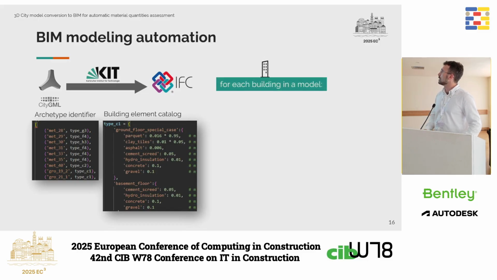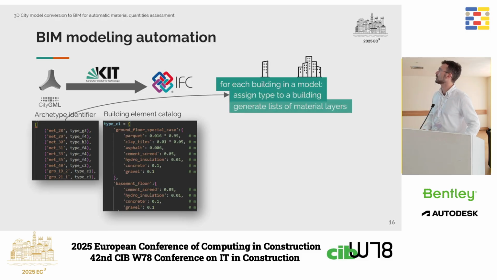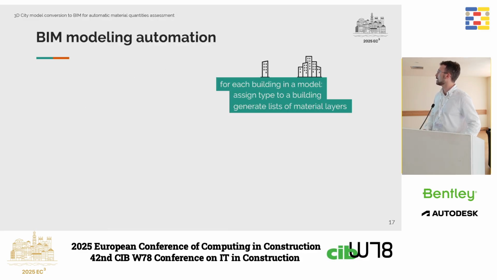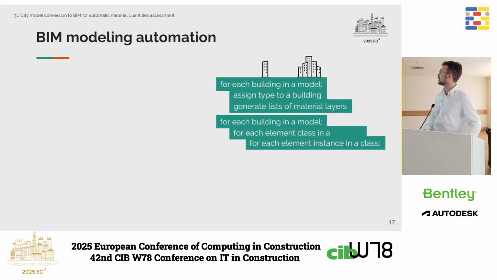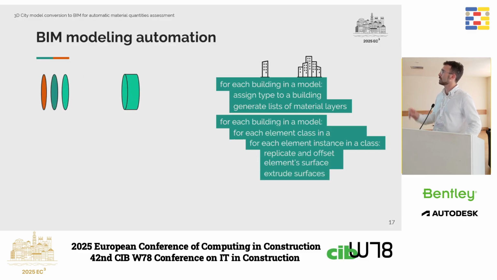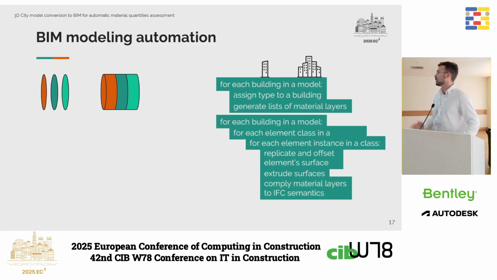So we iterate through each building in a model, assign a type to the building from the archetype identifier, and generate lists of material layers. Then we again iterate through buildings in a model, for each element in a class, and iterate through each element instance in a class to replicate an offset element surface for the amount of material layer thickness. And then we comply the material layers to IFC semantics.